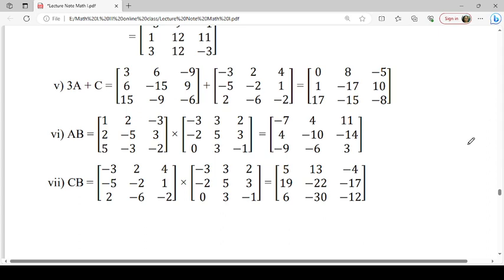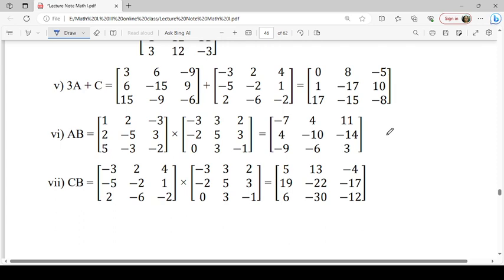So the definition of matrix product is, so this is AB. A we call the prefactor, B we call the postfactor.